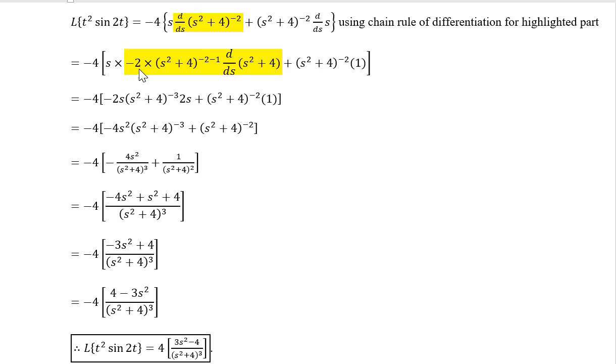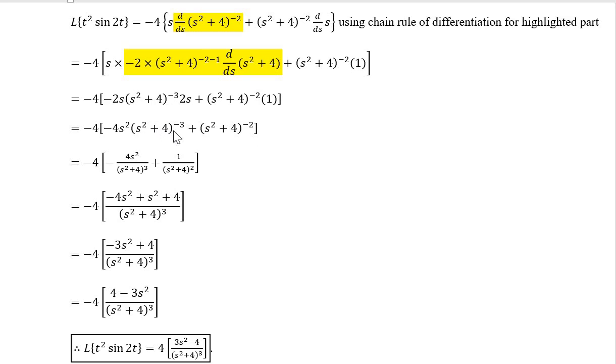So, this is minus 2 into s square plus 4 raised to minus 3 and derivative of s square plus 4 is 2s, plus this term as it is. So, it is minus 4 into minus 2 into minus 2 is 4, s into s square plus 4 raised to minus 3 plus s square plus 4 raised to minus 2 as it is.